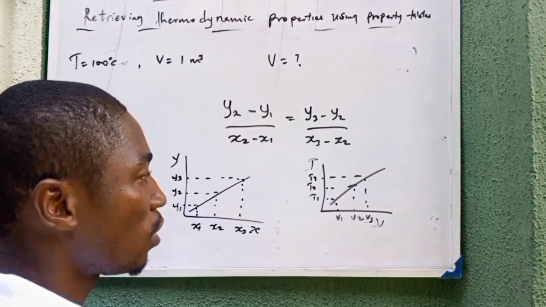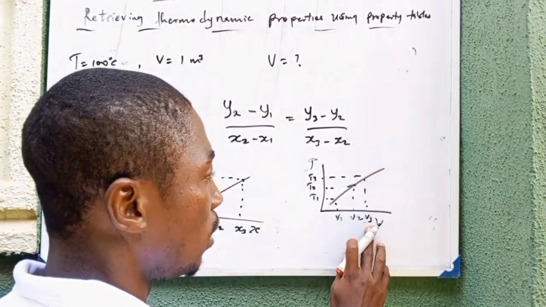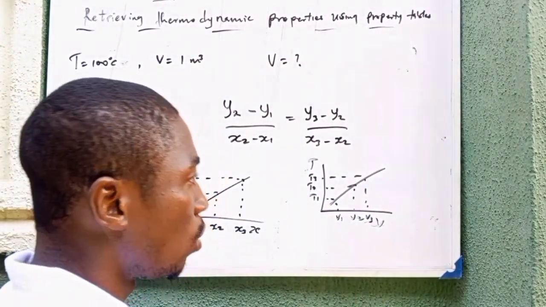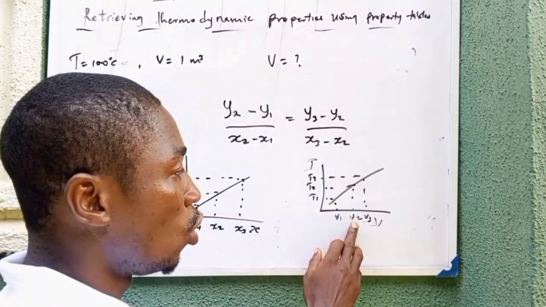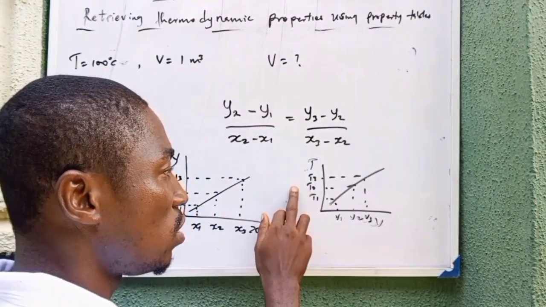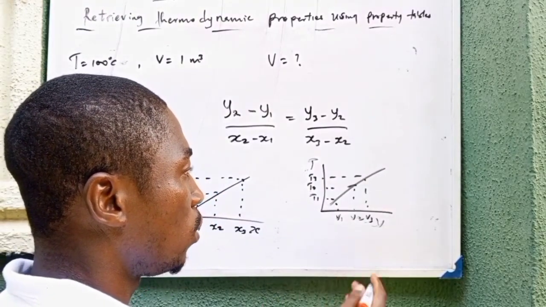Take for instance, you know T1, you know T3, you know V3, you know V1, but you know T2 and you don't know V2, or you know V2 and you don't know T2. How do you get the value of T2 or V2 depending on the one you know?